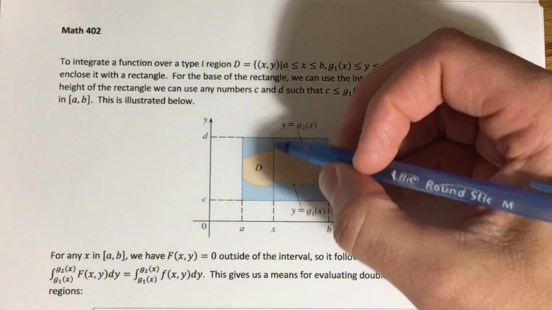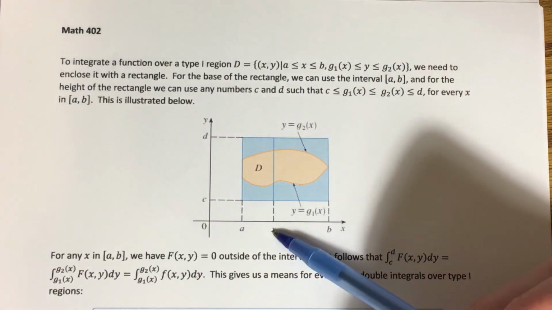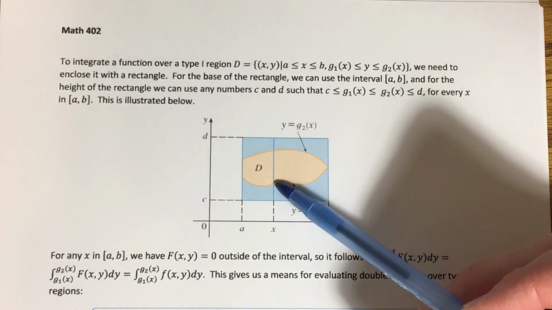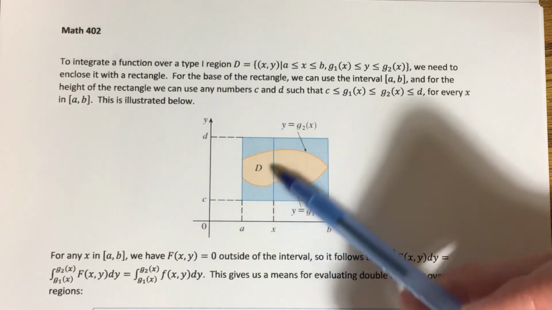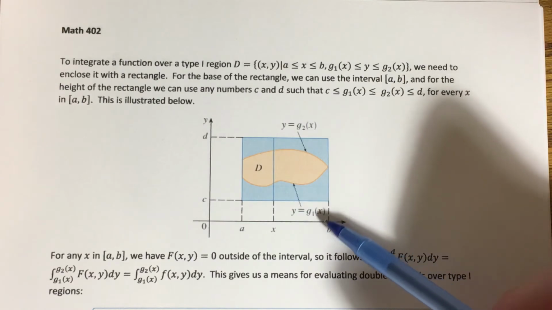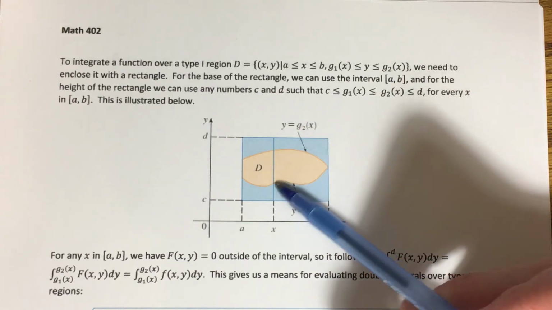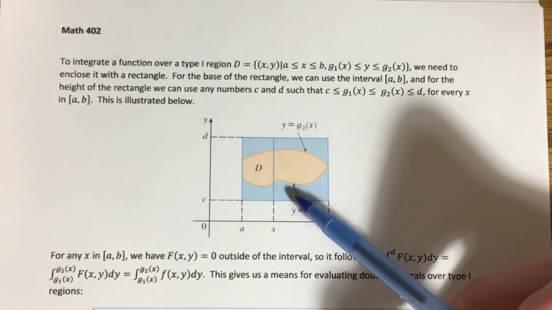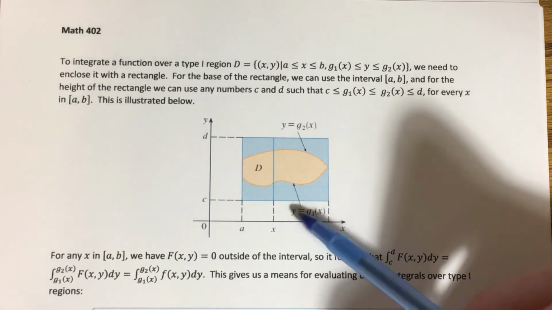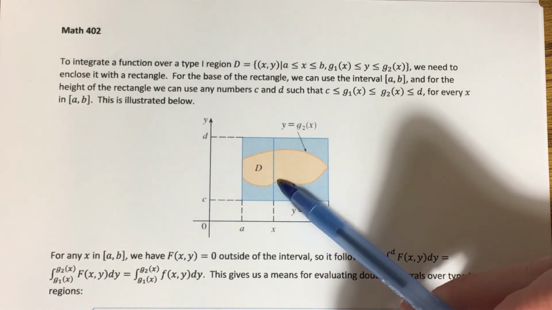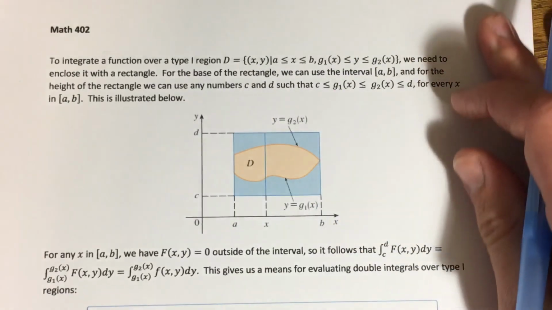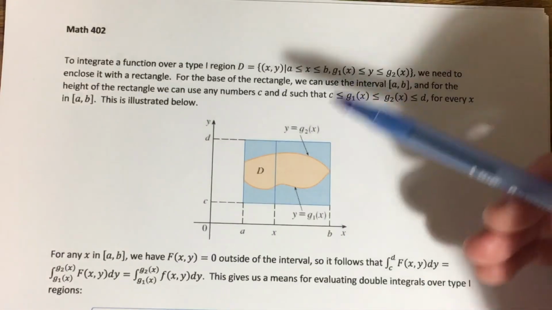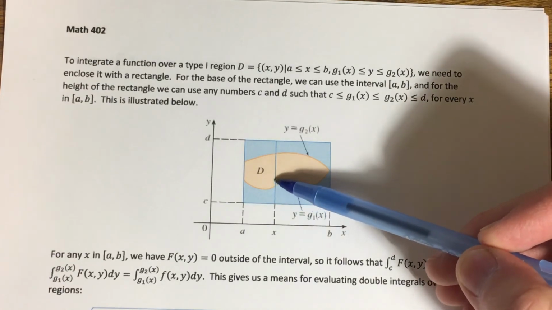So at that particular value that we're using, this interval is bounded by these two functions. So for the specific x value, the interval in D is given by g1 of x and g2 of x, lower bound and upper bound right here. So really, when we're doing an iterated integral, that innermost integral, which represents the area under the curve of intersection between the surface and this plane, would only be integrated on this interval.